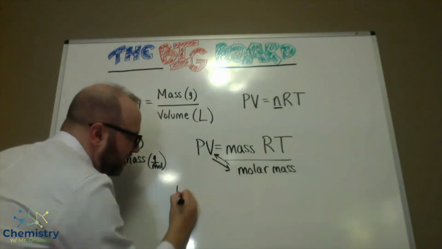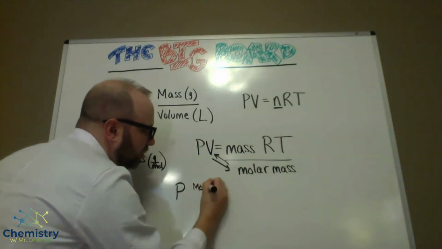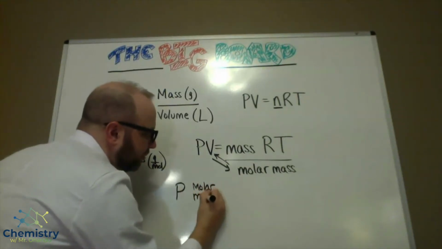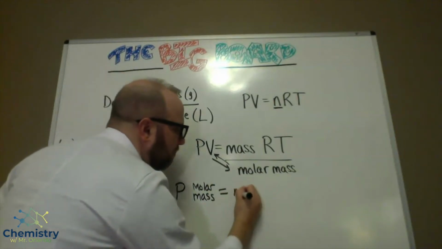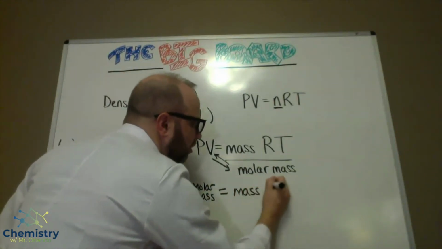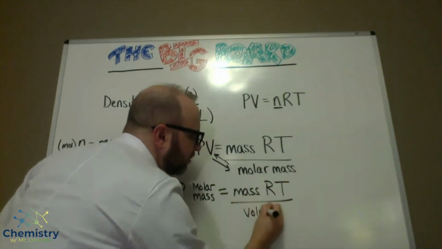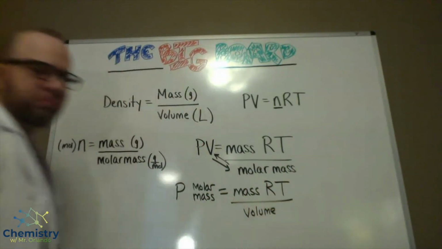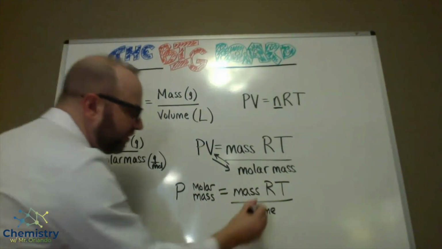So if I take pressure and I multiply it by molar mass, that will be equal to mass RT divided by volume.